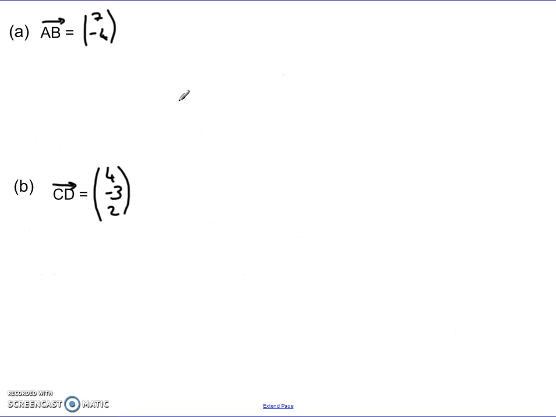So the first question, calculating the magnitude of these two vectors. Remember, the magnitude of a vector is given by the sum of the squares of all the terms, then you take the square root. So we know that the magnitude of the vector AB, because it's only a 2D vector, is given by the square root of x squared plus y squared.